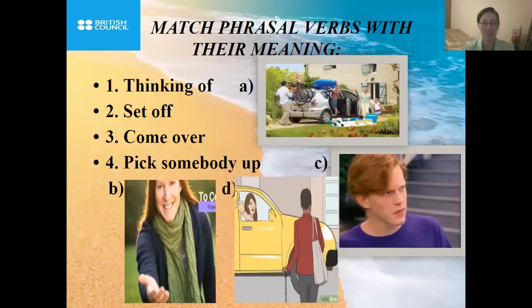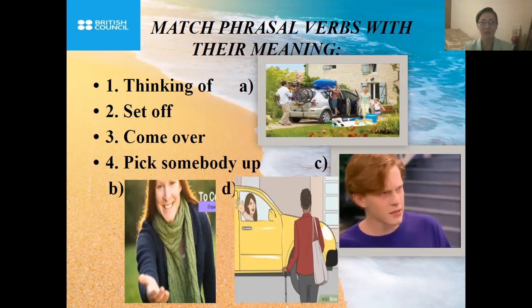Our next exercise is, please match phrasal verbs with their meaning. And here we have the pictures that express the meaning. For instance, thinking of. What do you think is the answer? That's right. Here we have 19 phrasal verbs, by the way. You can count in your copybook the underlined phrasal verbs and make sure that you have 19 of them.